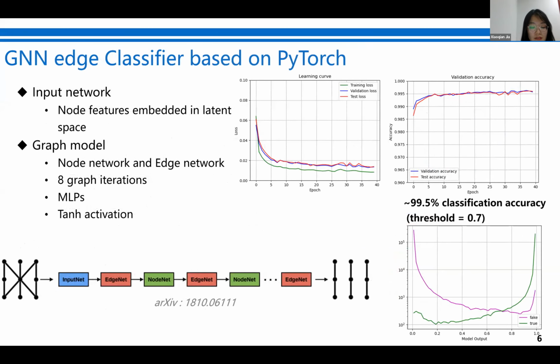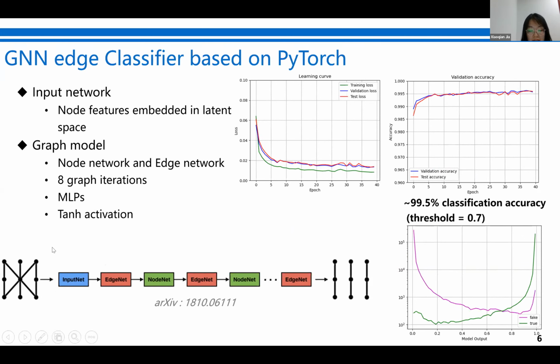Overall, the GNN has a very basic structure at present, which includes an input network and a graph module consisting of a node network and an edge network, which is repeated 8 times. The edge network gives the final prediction score.